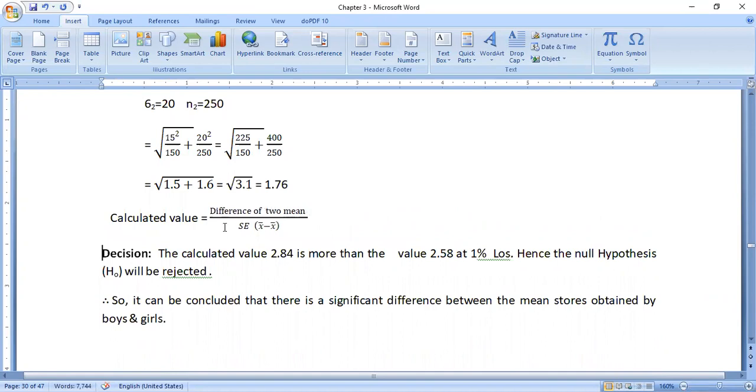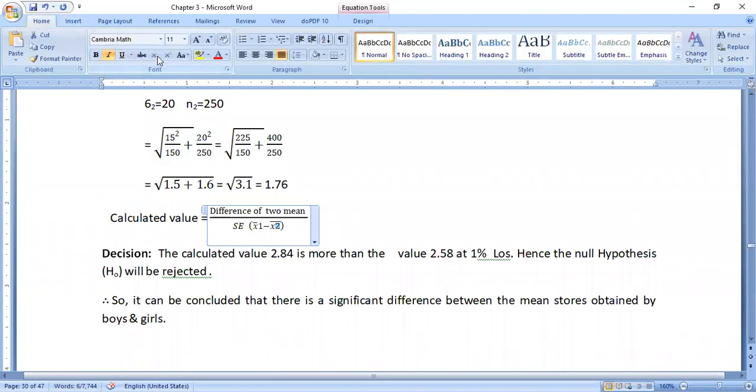Calculated value is equal to the difference of two means divided by the standard error.